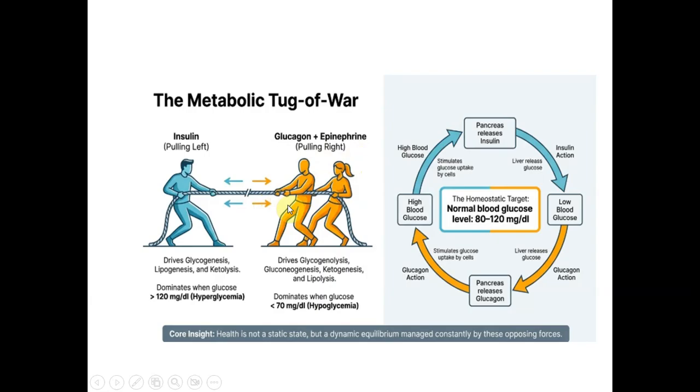When glucose drops below 70 milligrams per deciliter, there is a state of hypoglycemia, and at that time glucagon takes the lead, driving glycogenolysis, gluconeogenesis, and ketogenesis. Our homeostatic target is to maintain a steady state between 80 and 120 milligrams per deciliter.